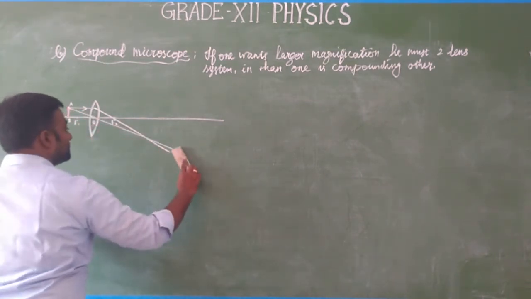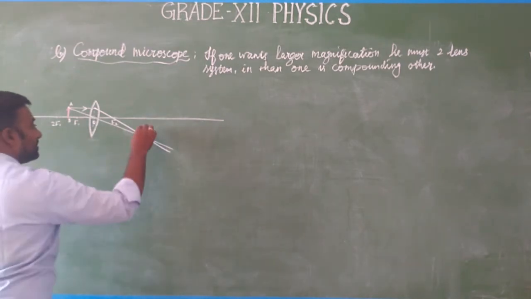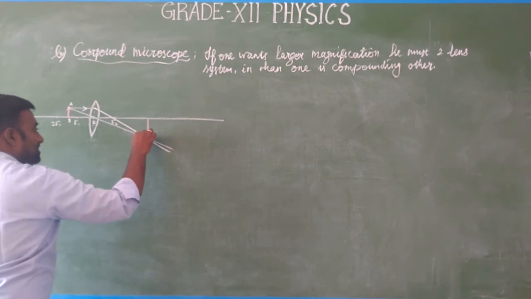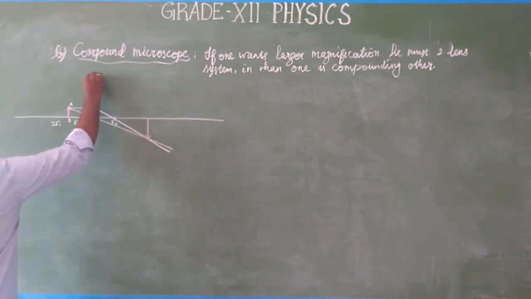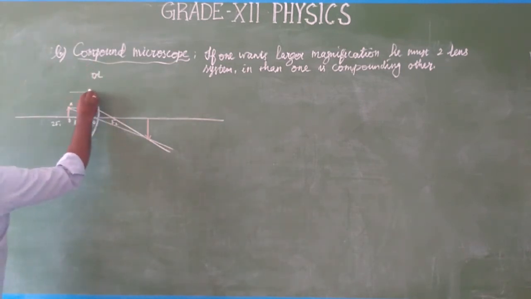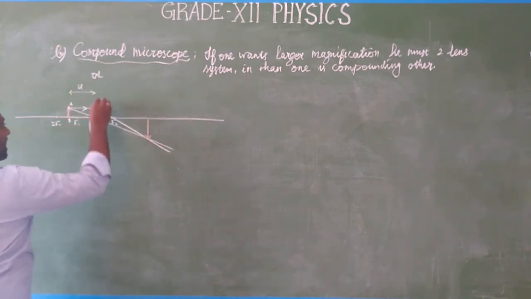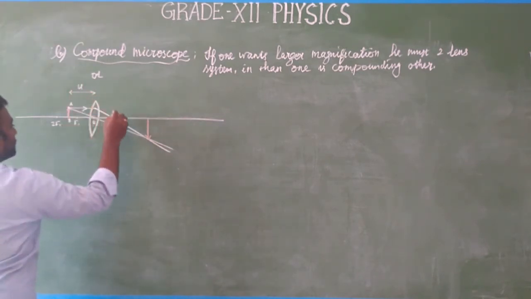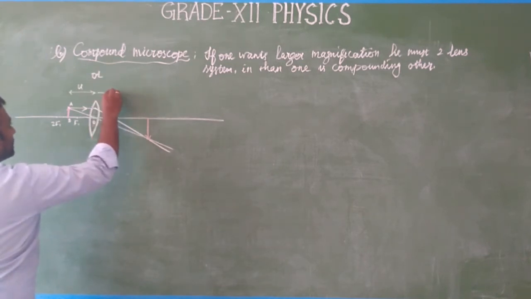So the final image is obtained here. In this case, this is the objective lens, and the position of the object from the objective lens is the object distance. Then the optic center to the focus of the objective lens is the focal length.